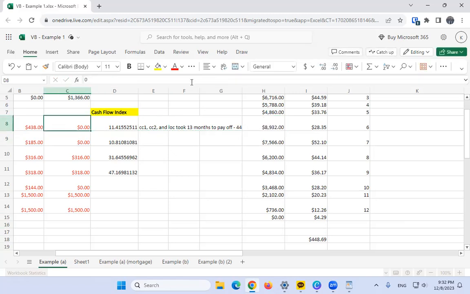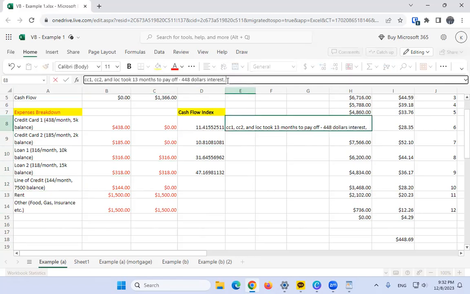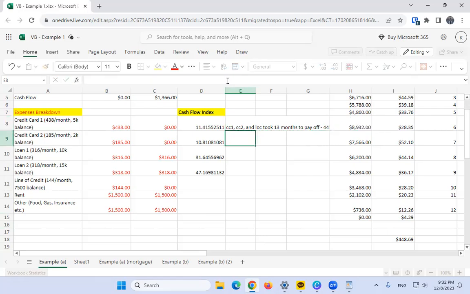And how much debt was that? That was 7,000 plus 7,500. That's about 14 grand. So just say 14 grand payoff. Wow, I paid off 14 grand and only paid $448 of interest? That's crazy. Okay, but that's what we do here.